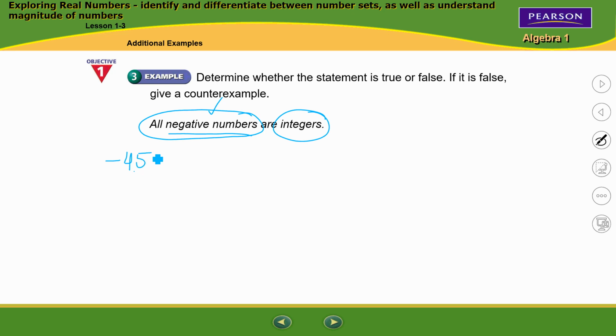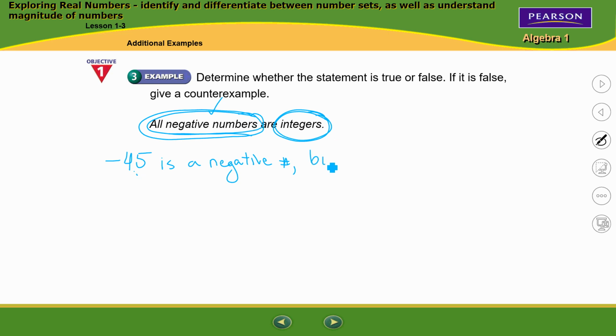-4.5 is a negative number. What I'm trying to do here is show that this part's true and this part's false with the number that I've chosen.